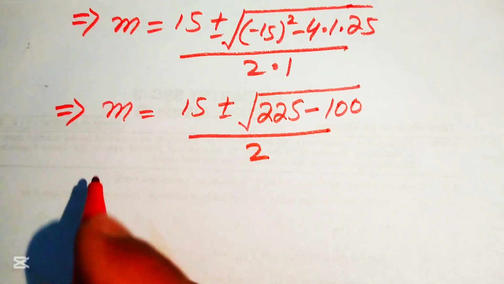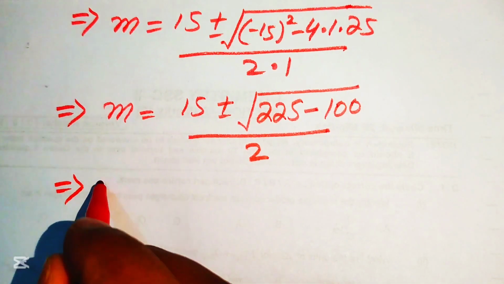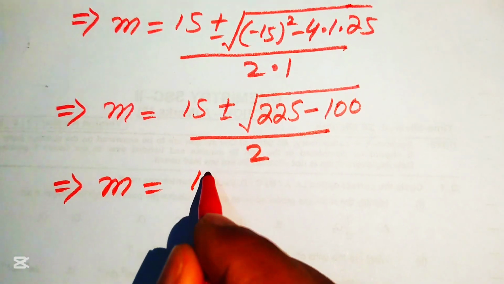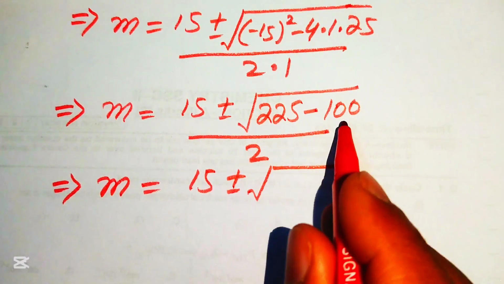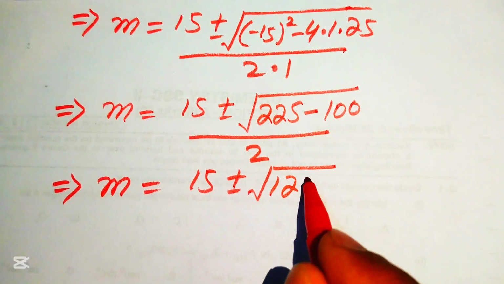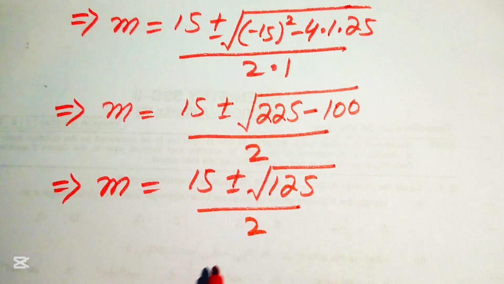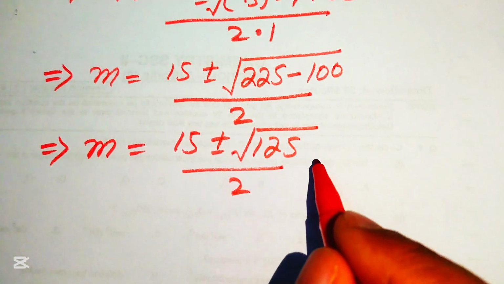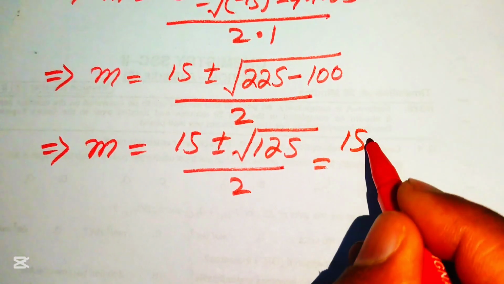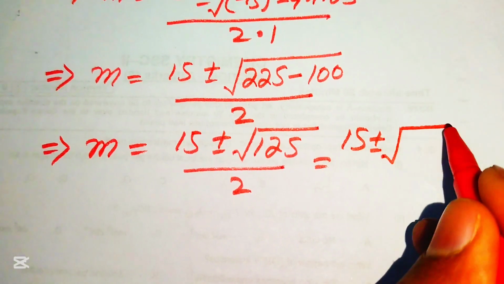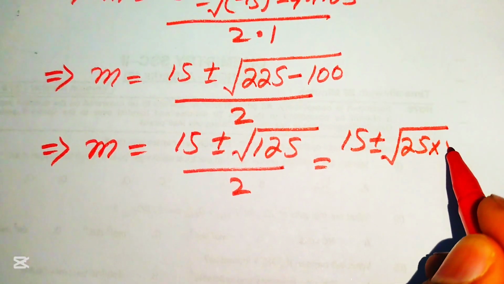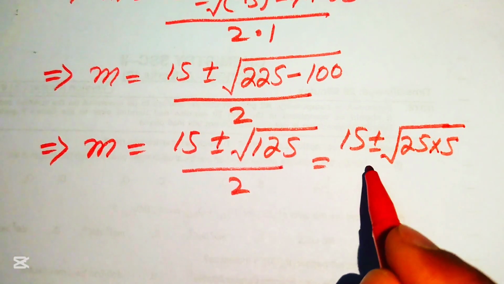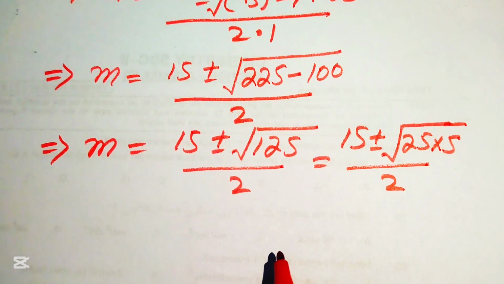Okay, so further we need more simplifications, and it will be written as m equals 15 plus or minus the square root of 225 minus 100 equals 125, divided by 2. So we rewrite this equation as 15 plus or minus, we write this 125 as 25 times 5, divided by 2.